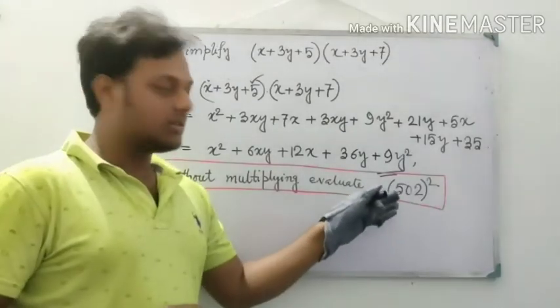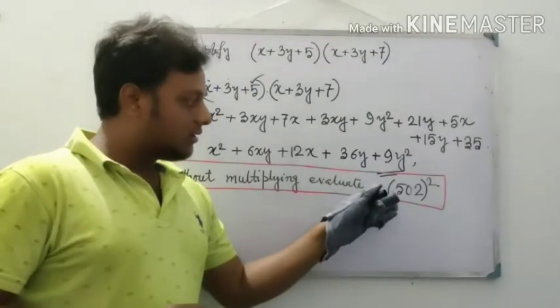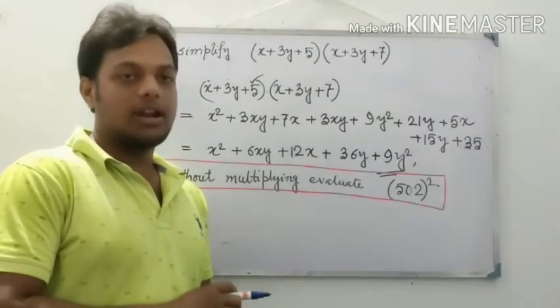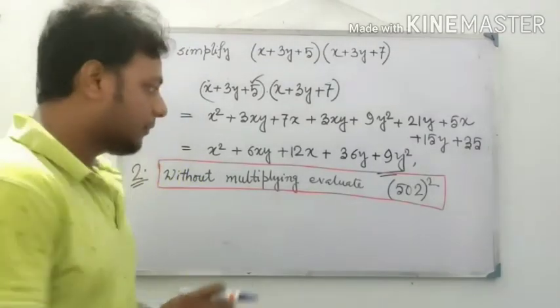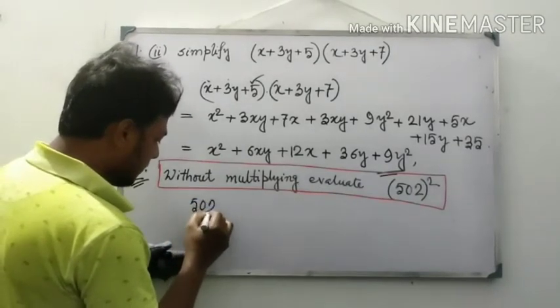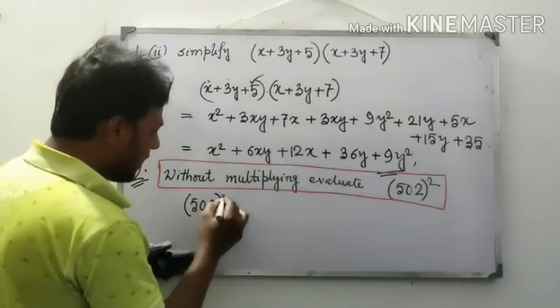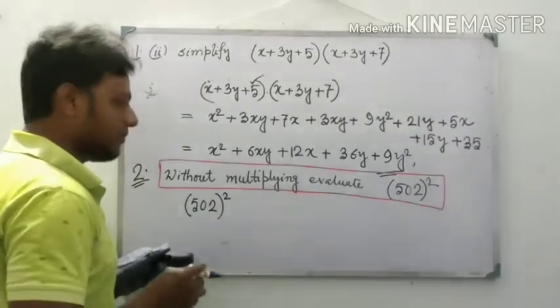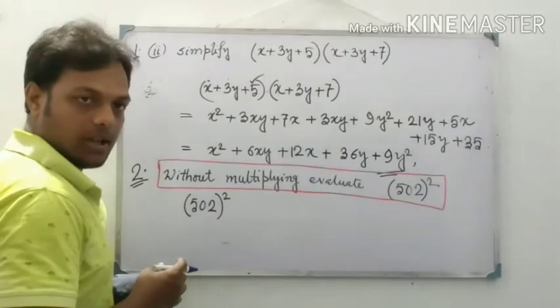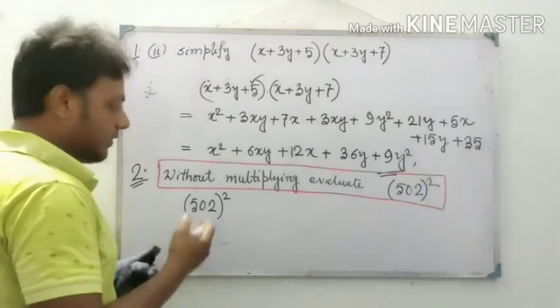This problem will be solved by using those identities of expansion. So we will break 502 into the nearest number, so that we can easily calculate the square terms.